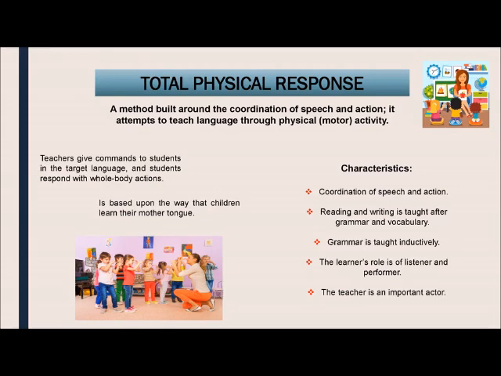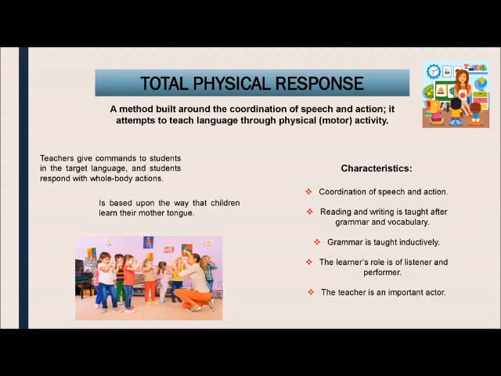Among its characteristics, we find that it's a method that coordinates speech and action, in which grammar and vocabulary are taught first and also are selected according to the situations. The learner listens, watches, and imitates, and the teacher is the main moderator.